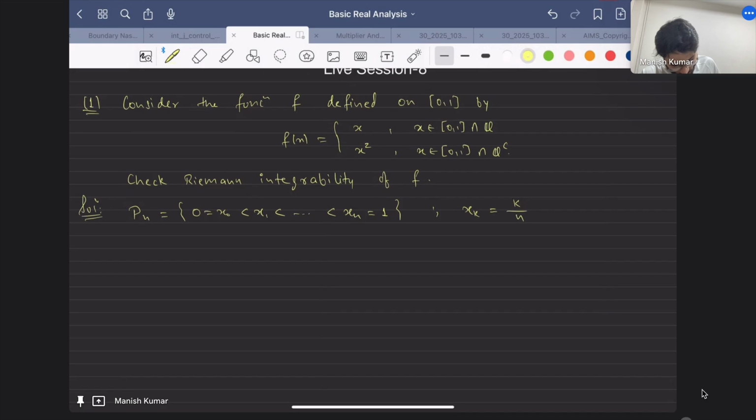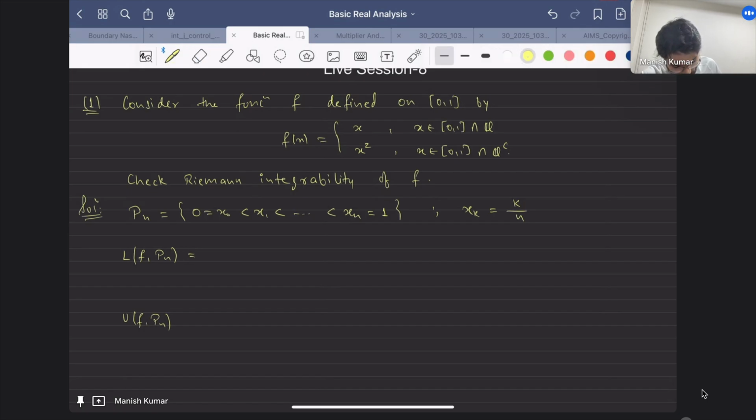Now for this we'll define L(f,P_n) and we'll find U(f,P_n). If it is integrable, then the limit of both should be the same, and in that case we say that the function is integrable. So we'll first look at this term.